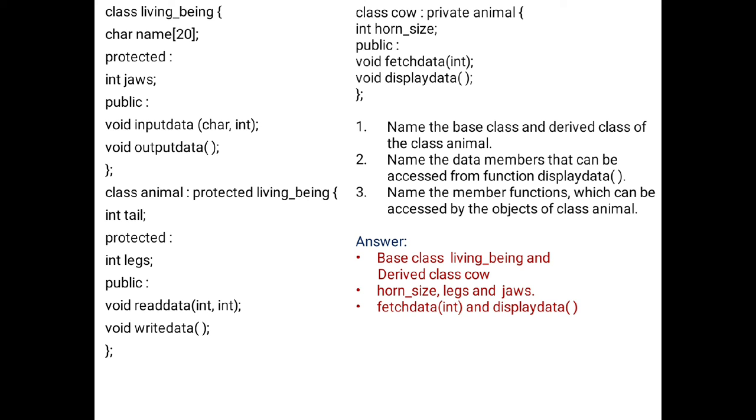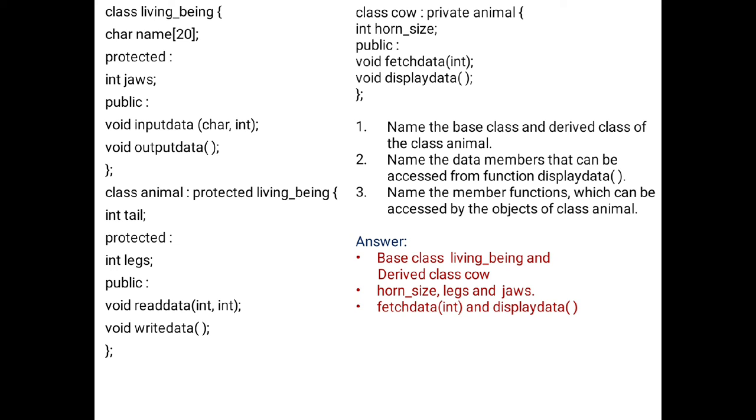A protected access data member is there. Two member functions are declared publicly, that is input data and output data. The member function input data declares two parameter types, character and int, so it can accept those two parameter types.